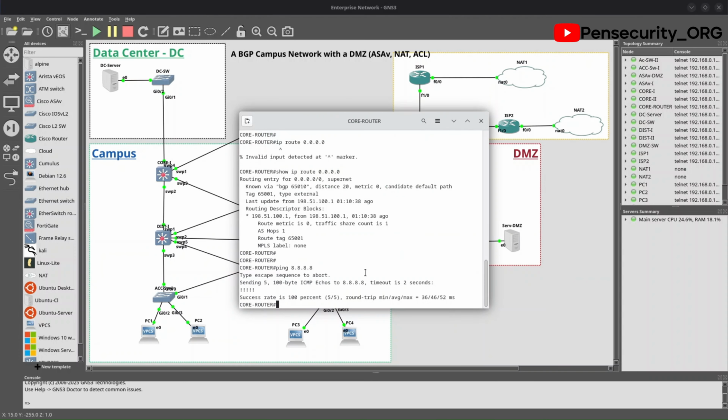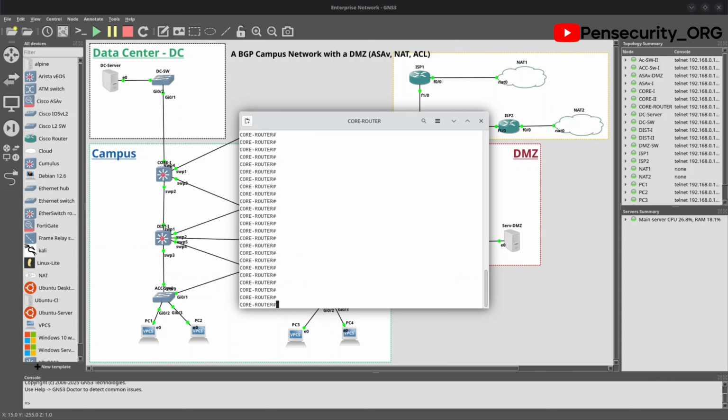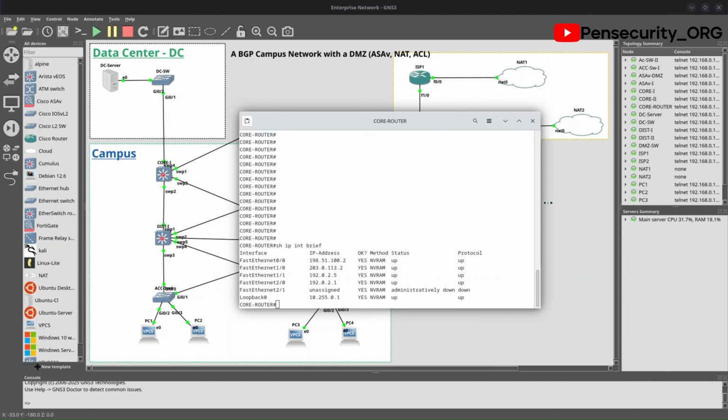So let me just clear these and then show ip interface brief. When we check the IP addresses here, you can see we have 198.51.100.2.